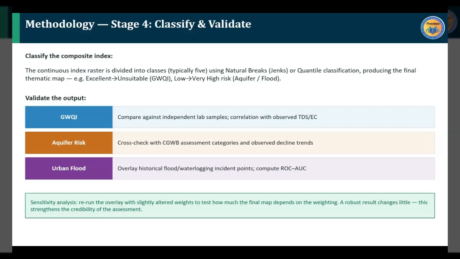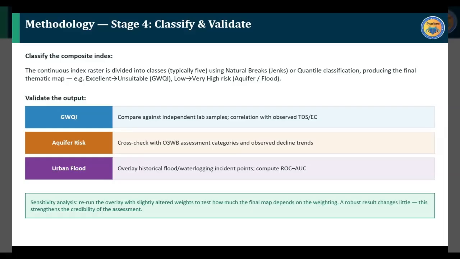For the quality index, for example, you validate against measured laboratory samples that you deliberately held back and did not use in the mapping. So while you're collecting samples, you collect a few more, so those you can use for validation and ensure that the results that you're getting are reliable.